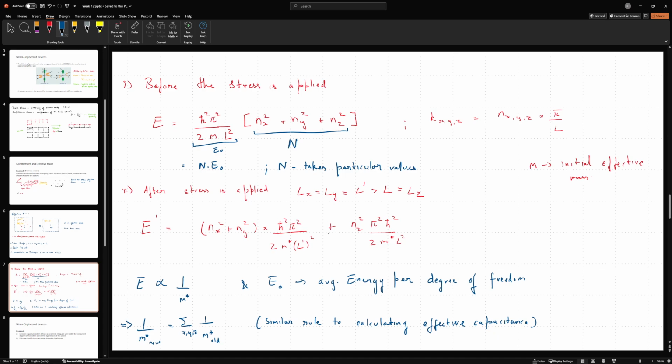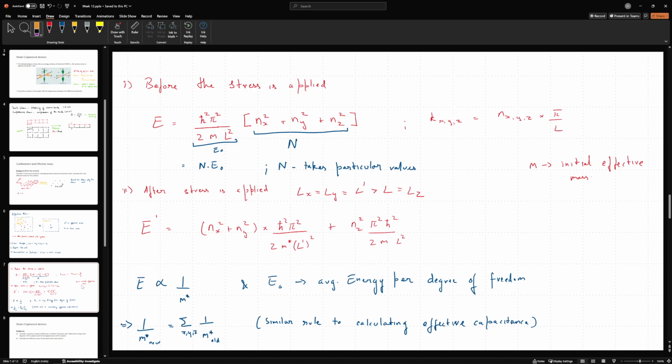Here I don't have to put an m star; I can essentially just write it as m. So along the z-axis, my effective mass is still m, but along the x and y-axis, I have a new effective mass. What that new effective mass is, I'm not calculating right now.